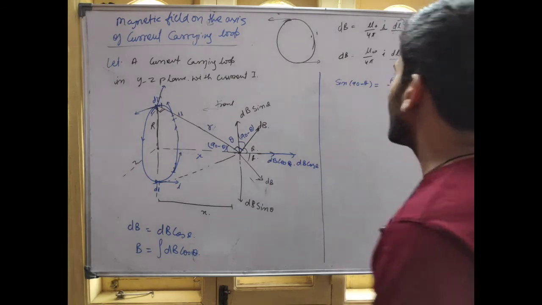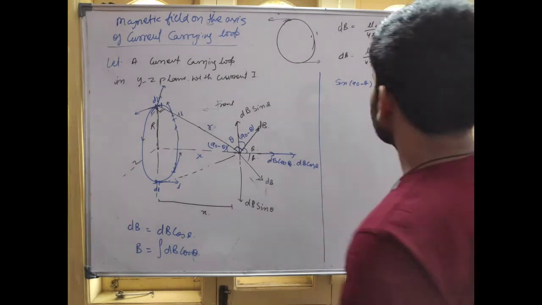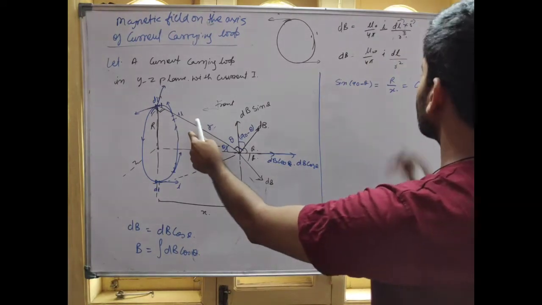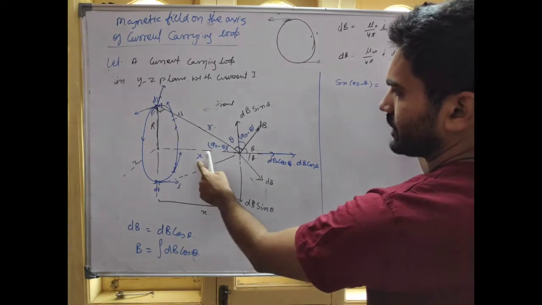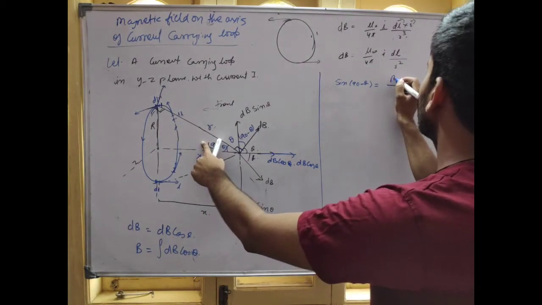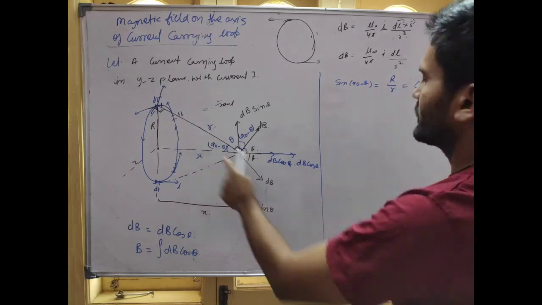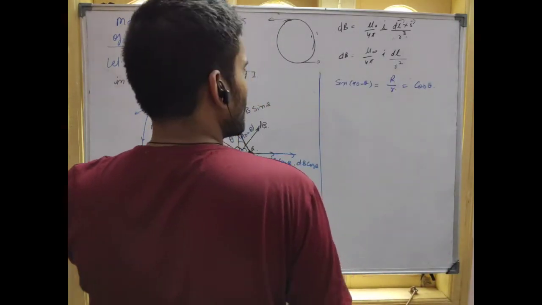Sin 90 minus theta is cos theta, and this will be small r by R.